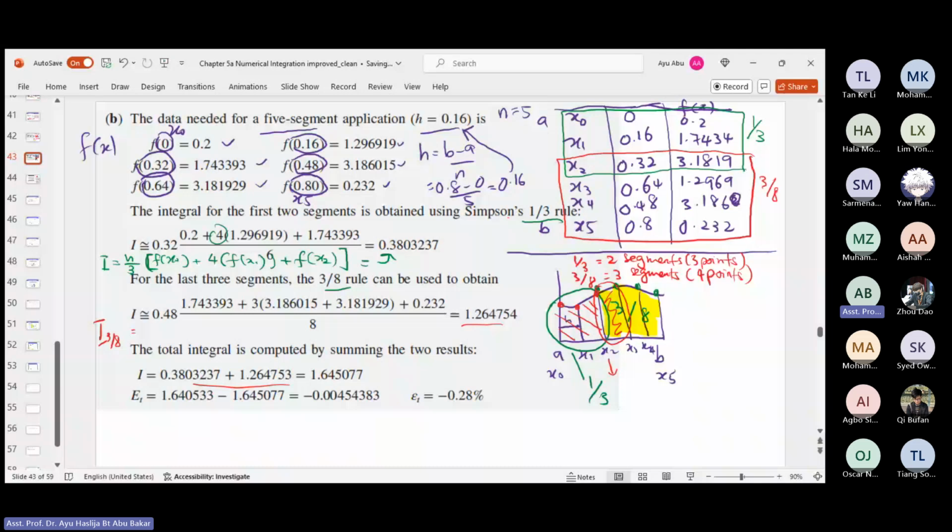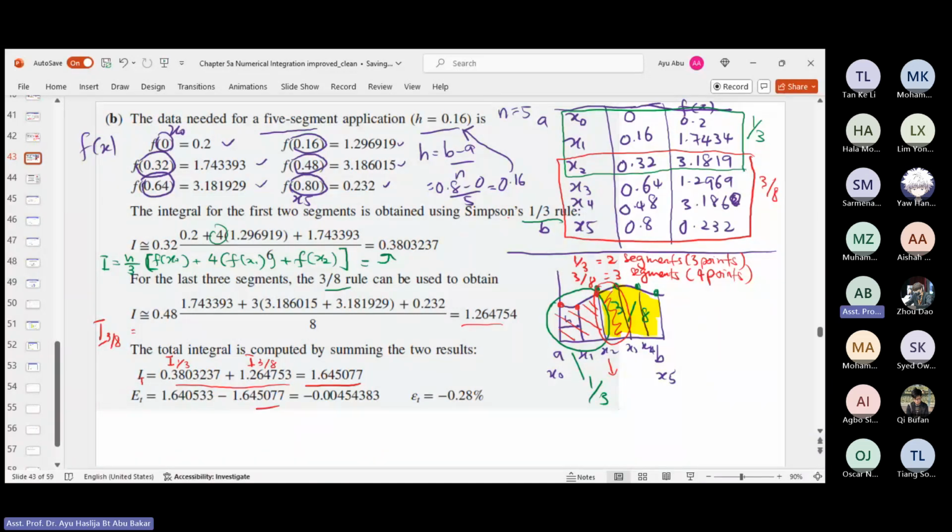So I total is I 1/3 plus I 3/8. You will get the total integration, which approaches the true value.